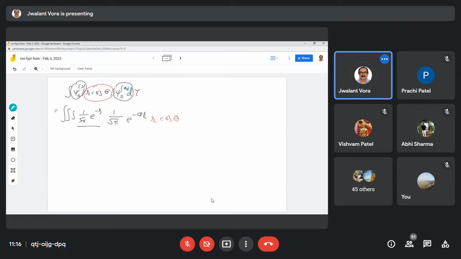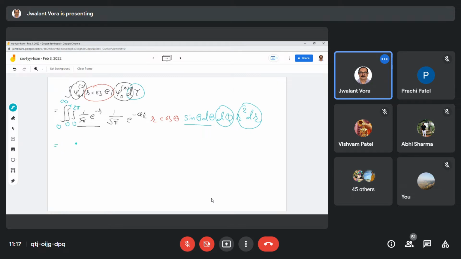Now I write the value of d tau: sin theta d theta into d phi into r square dr. The limit of r is 0 to infinity, the limit of theta is 0 to pi, the limit of phi is 0 to 2 pi.